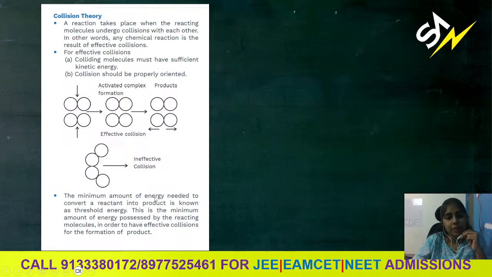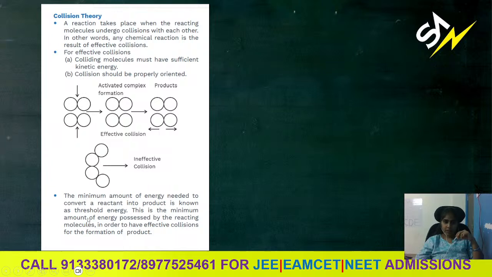So the minimum amount of energy needed to convert a reactant into product is known as threshold energy. Whenever a reactant is converting into a product, the minimum energy required for conversion of these reactants into these products, that energy is known as threshold energy.